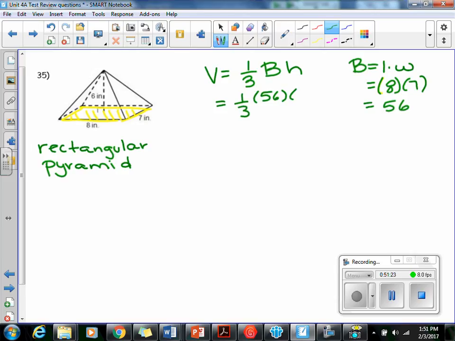What is the height of this? 6. Remember, the height of a pyramid is the distance from the vertex of the pyramid to the base. So this segment is your height.